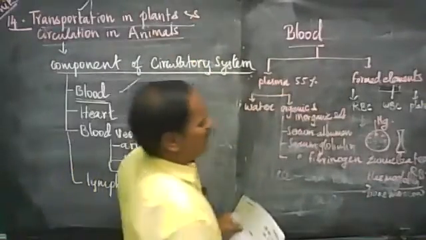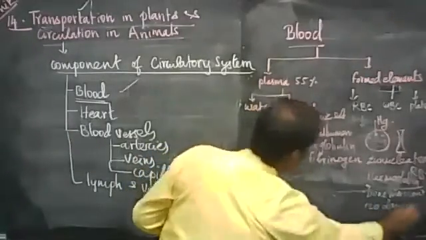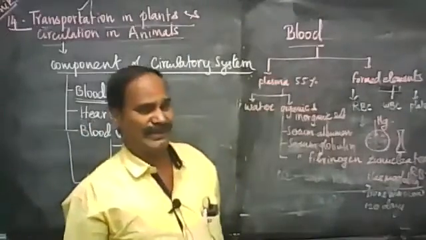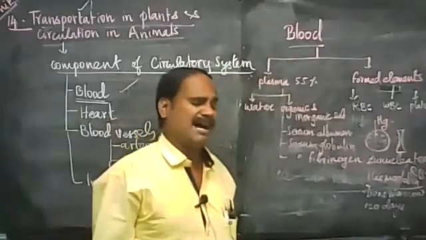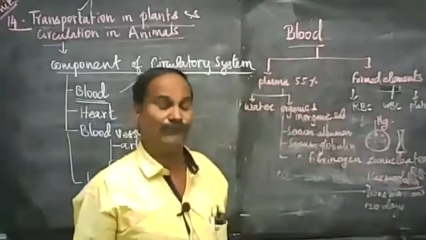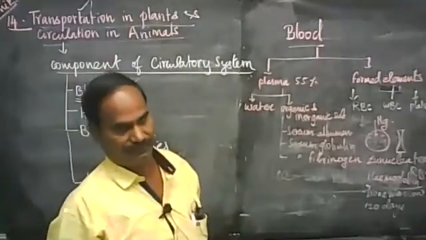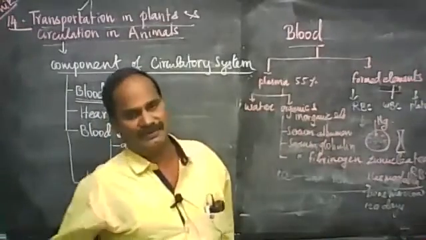The lifespan of RBC is 120 days. In ladies, the lifespan is 110 days. In gents, it is 120 days. The number of RBC is 5 to 5.5 million in 1 cubic mm of blood. That is the total count of RBC.